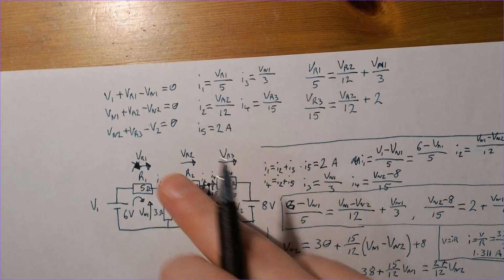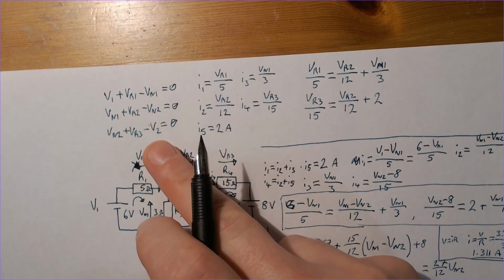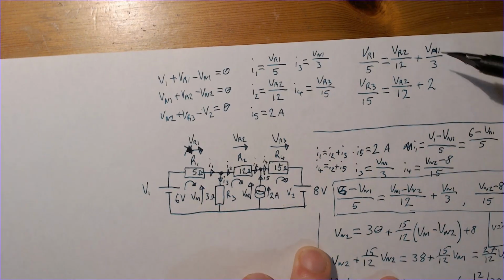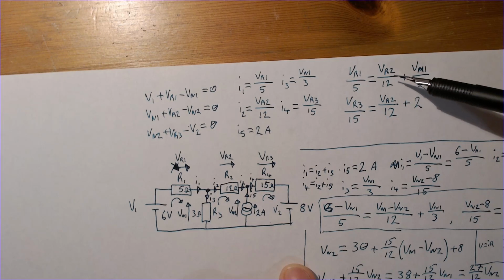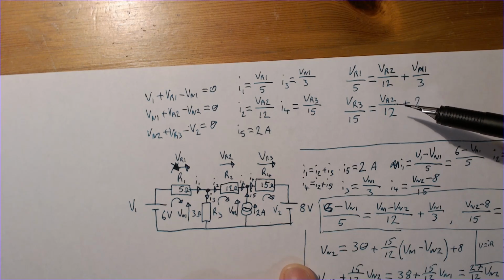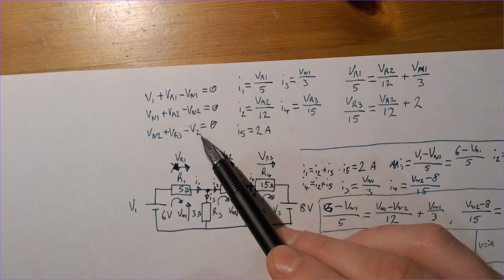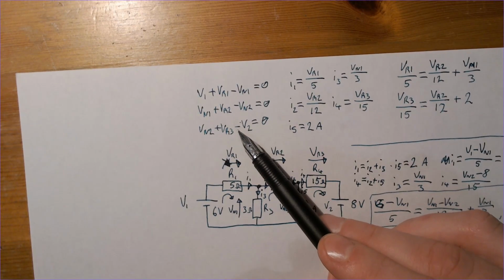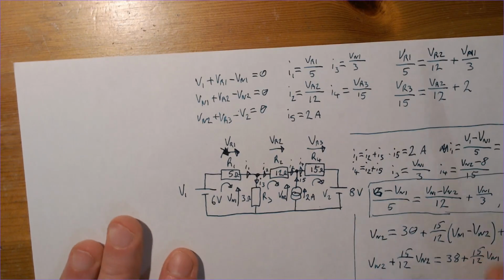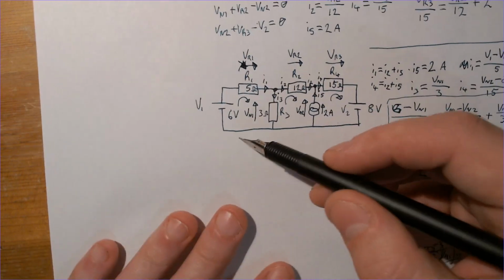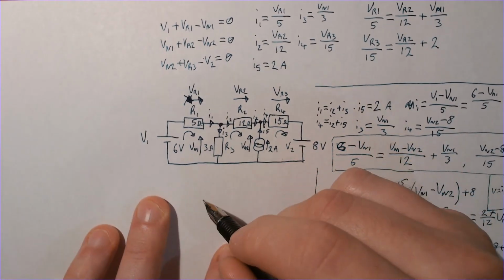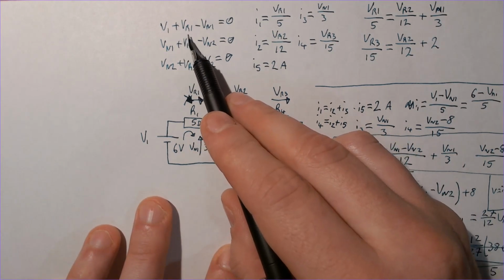We need these. So these can be rearranged and put into here. So we want to get rid of VR2, and we want to get rid of VR1. Out of these three, there are 2 containing VR. Yeah, let's just do it. There's space down here. So we want to rearrange these.